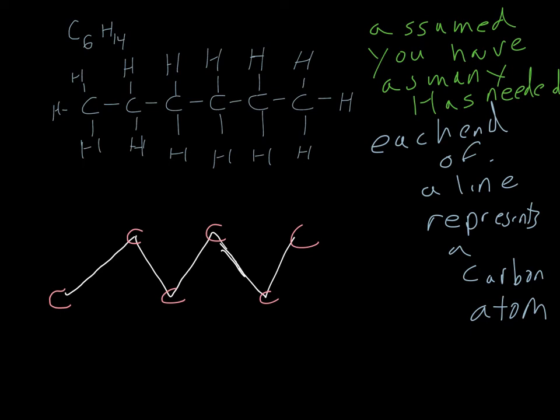So not only do the ends of my lines represent carbons, but each one of those carbons is going to have as many hydrogens as is needed to complete the Lewis structure.